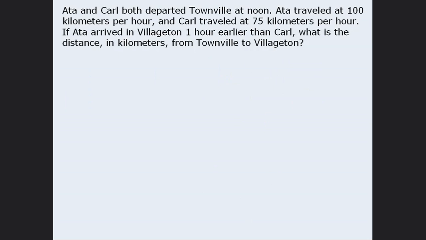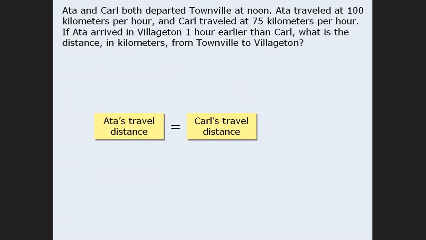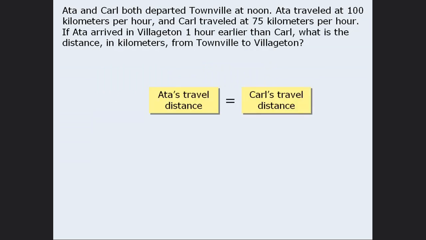Okay, now let's return to our word equations and solve the same question using the word equation that says Ada's distance equals Carl's distance. To transform this into an equation with algebraic expressions, we will use the fact that distance is equal to the product of speed and time. Now we know Ada's speed, but we don't know his travel time.